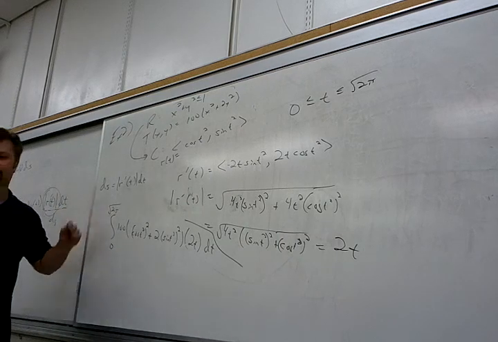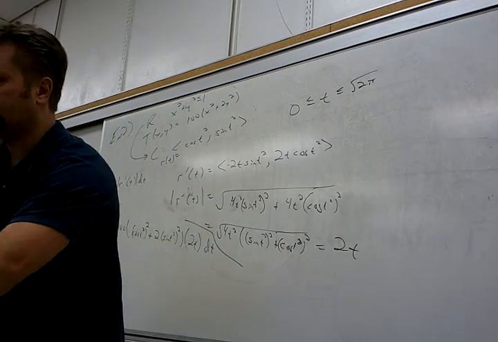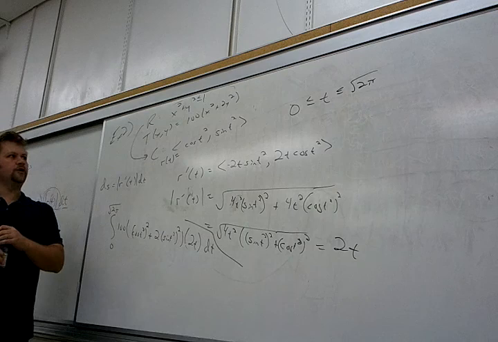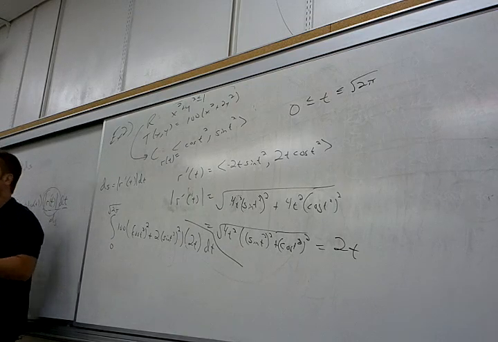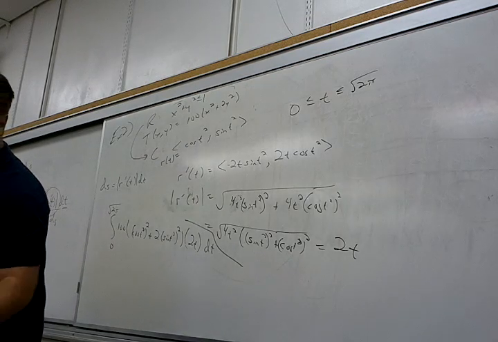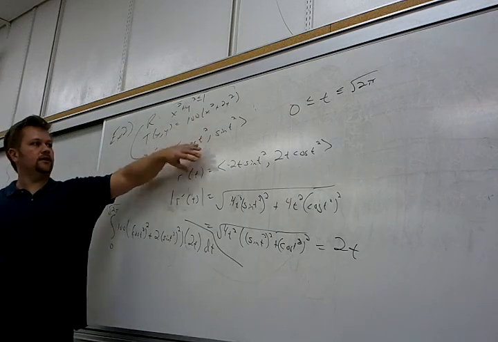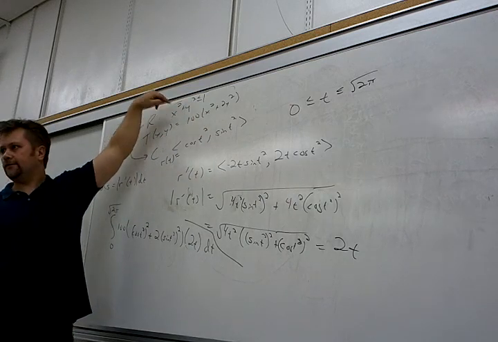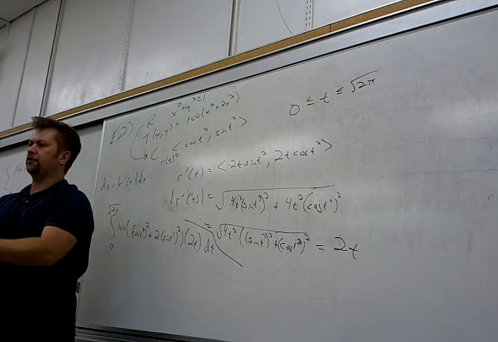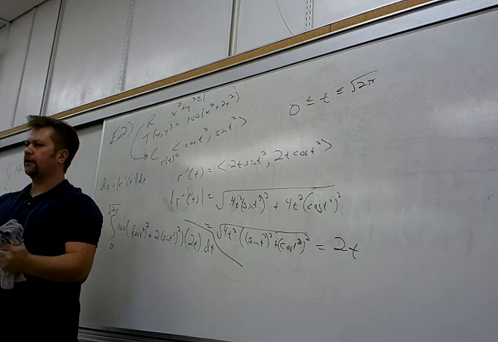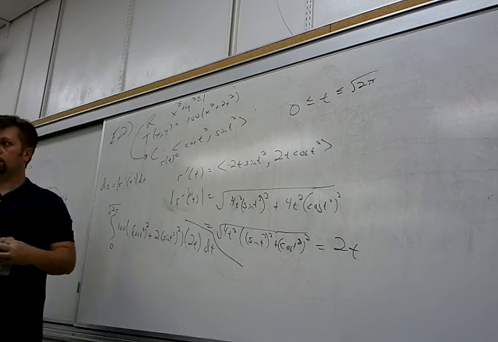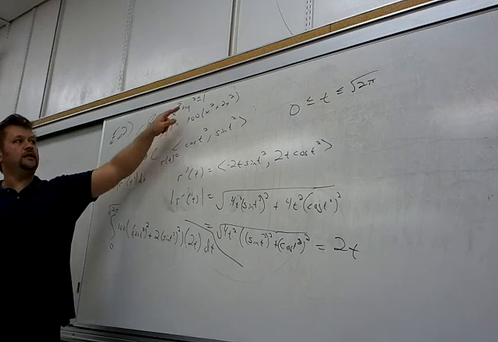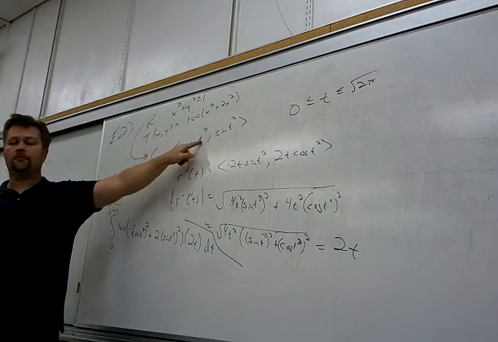Is this C going to be given to you, or do you have to figure it out on your own? The worst they would do is tell you the line between this point and this point. So either they're going to give it directly, like they did here, where they told me it was a circle, or they're going to tell me along the curve y equals x squared or something. So you'd be given C, but not parametrically.